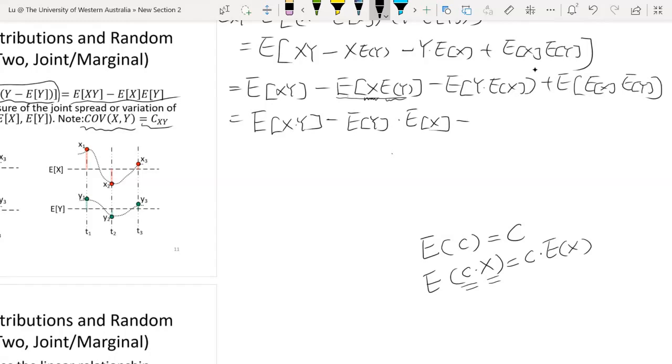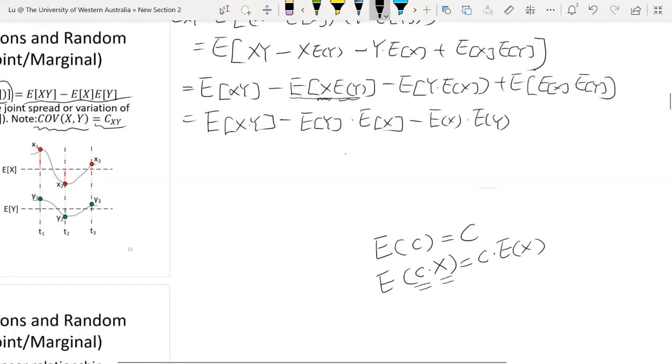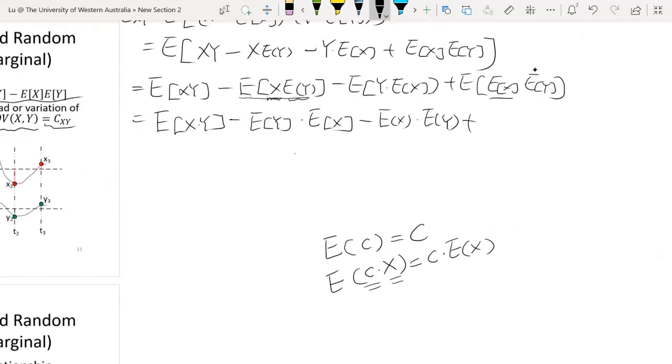Do the same thing for the third term. We take the EX out and then have the Y left in the expectation. And by the end, EX and EY are the means of X and Y respectively, and the expectation of these two constants are just the constants. In other words, the expectation operation cannot have any special effect on constants.